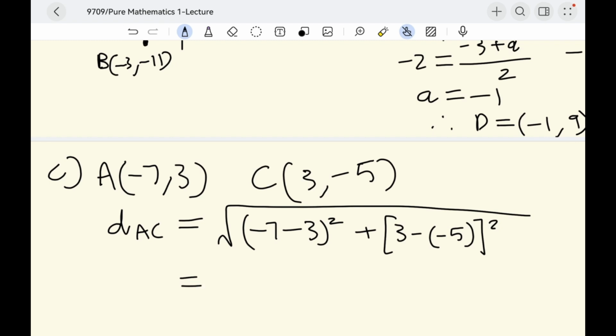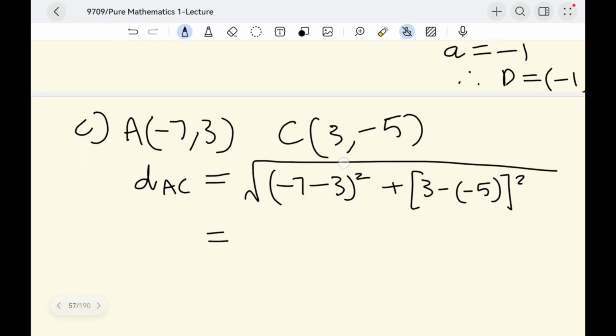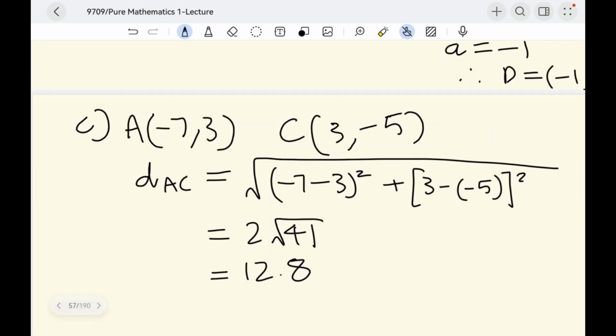Alright, you may use your calculator to calculate it, because the distance might be in square root form, also known as an irrational answer. So in exact form, you will get 2 square root of 41, or you can evaluate the decimal value as 12.8. Okay, because you need to put it to 3 significant figures. It is best for you to put the unit.